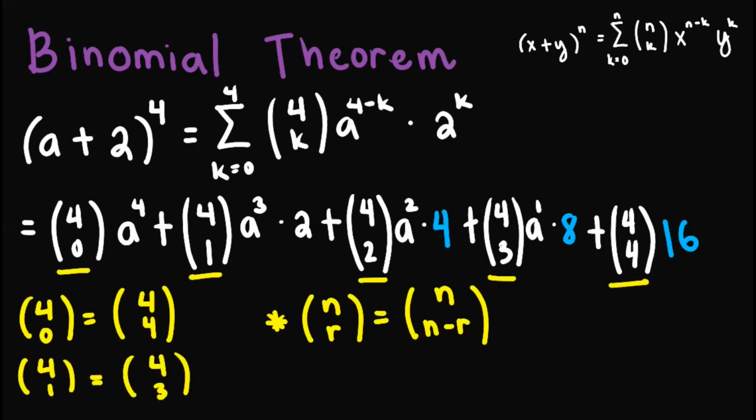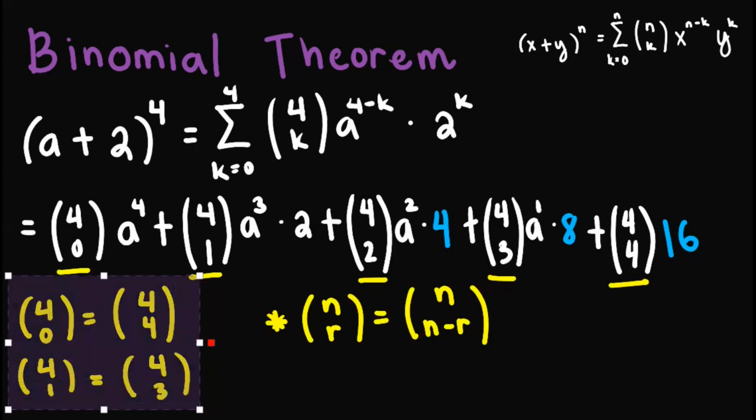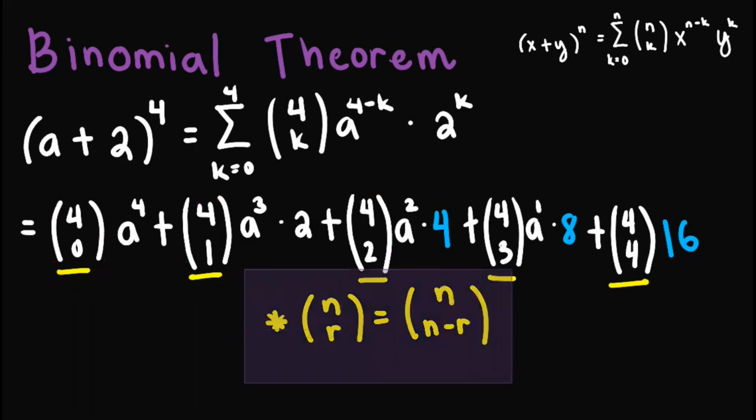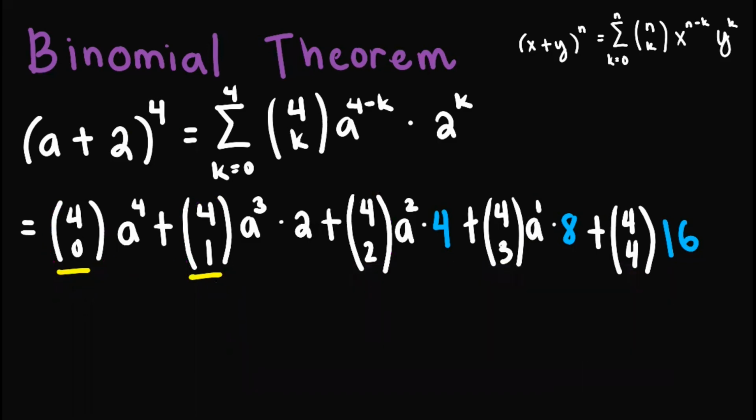So we simply need to focus on the first 3, since 4 choose 3 can be obtained by getting this one, and 4 choose 4 can be obtained from getting this one. So let's focus first on 4 choose 4.